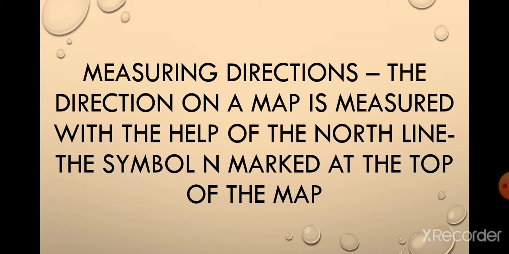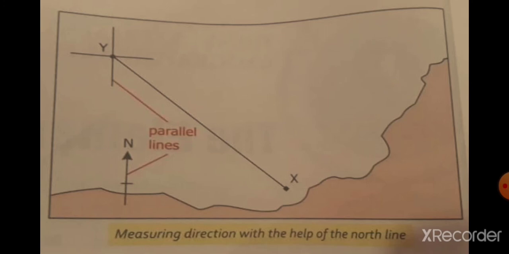Now let us see what we are learning in measuring direction with the help of the north line. Children, just have a look at the map. This is the direction of the map, which is pointing the arrow towards the north. It is marked at the top of the map.